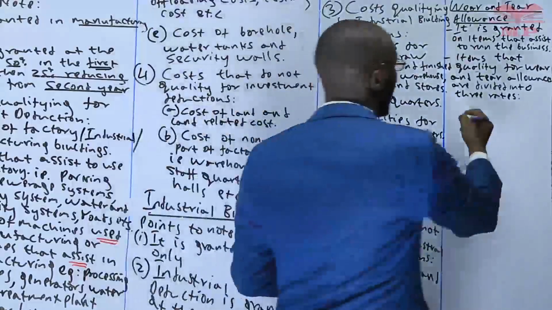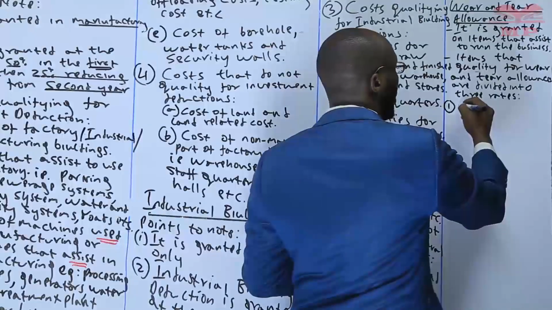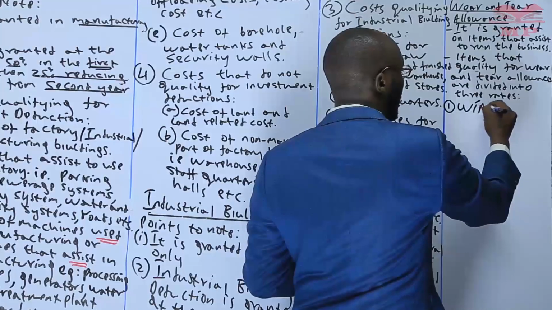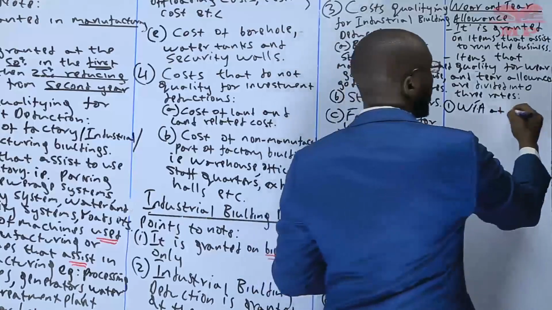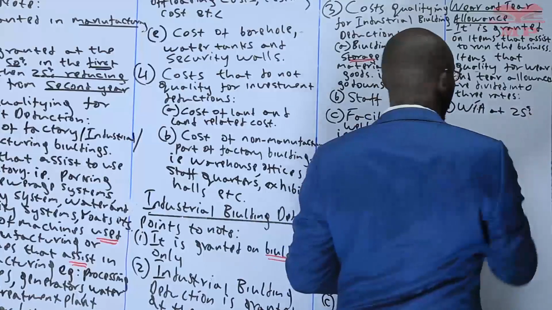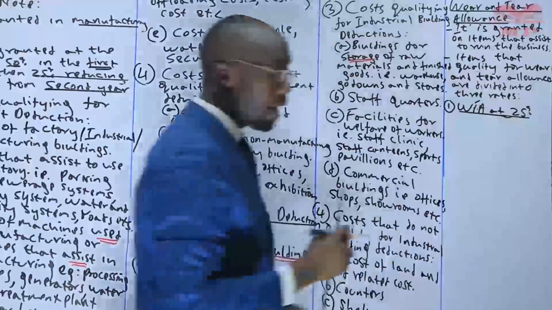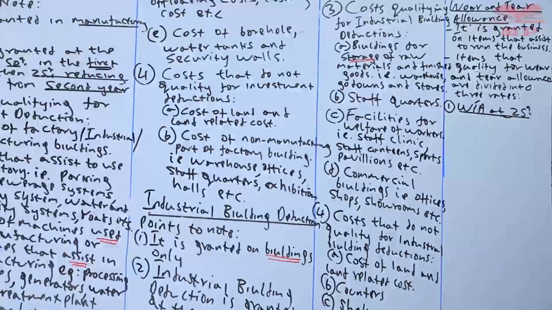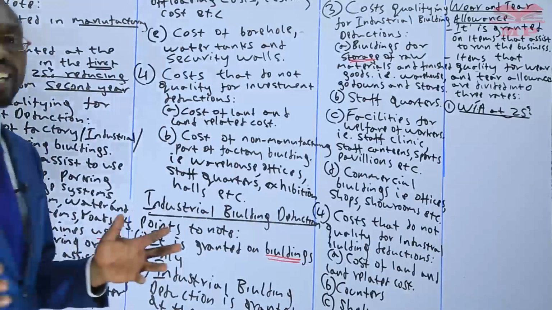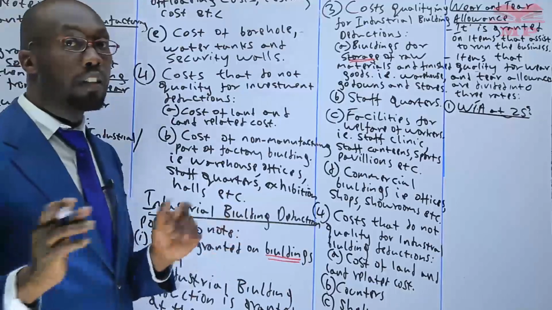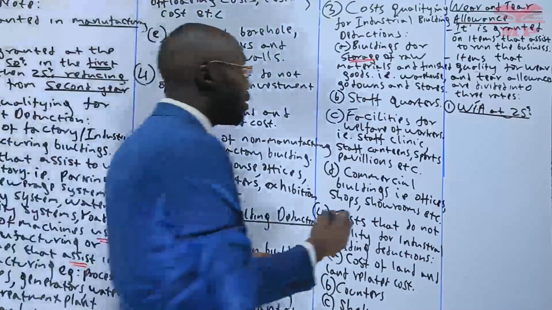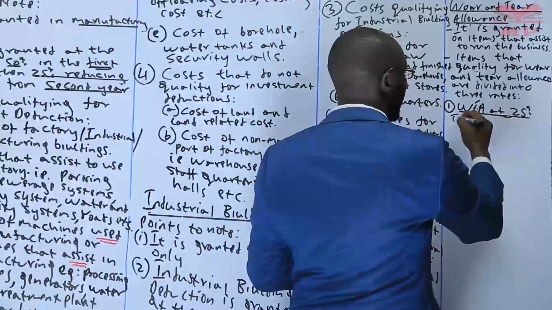One, we have WTA at 25%. So what are these items that qualify for wear and tear allowance at the rate of 25%?